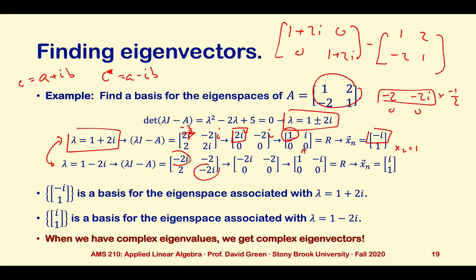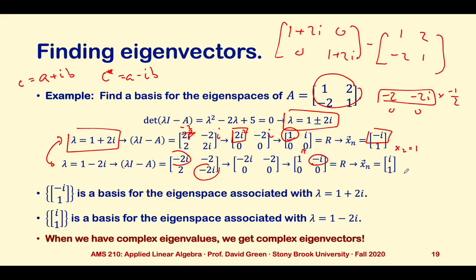The diagonal entries became negative 2i instead of plus 2i. Everything else works out exactly the same, and these end up being scalar multiples. We do the scaling and we end up with a 1 minus i here.